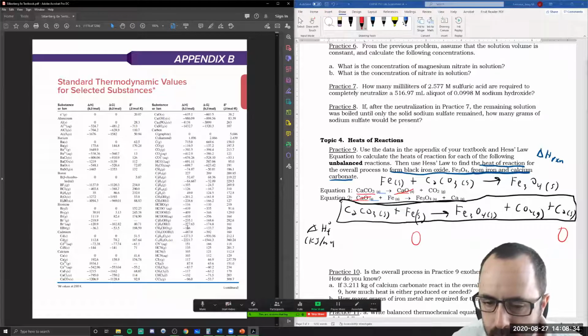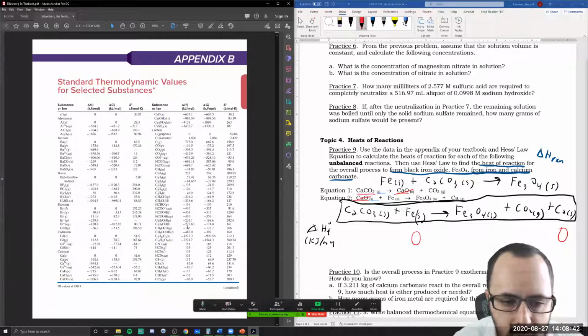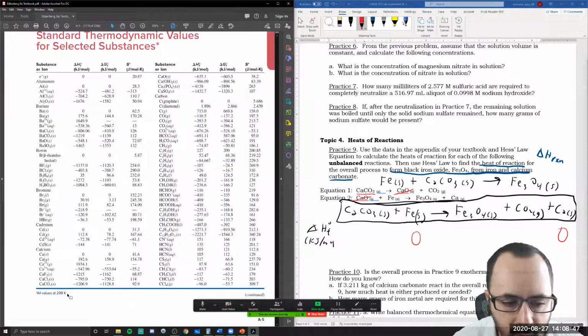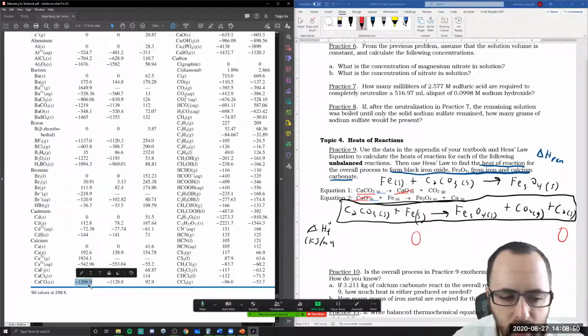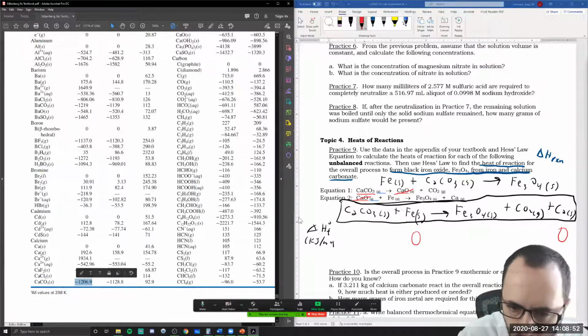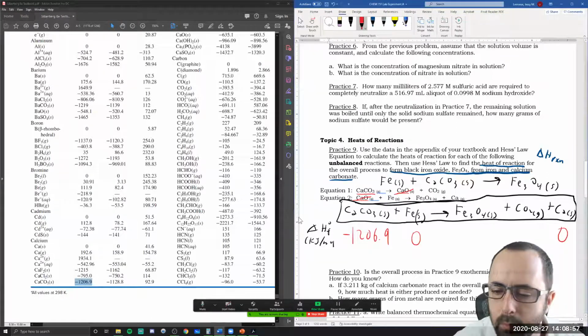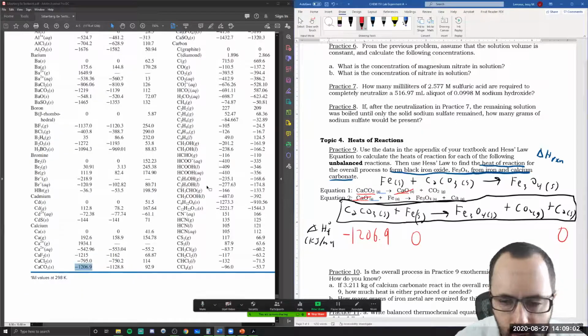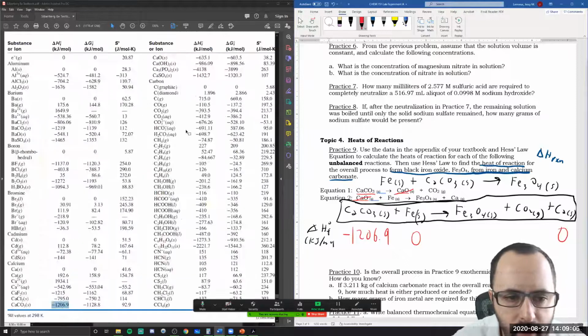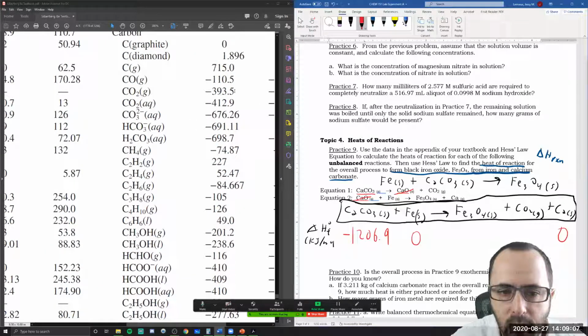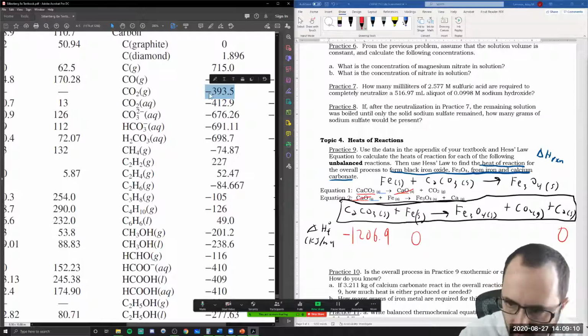Okay. And so now we're going to look up the delta H of formation values for some of the other things that we have here. So one of them is calcium carbonate right here. It's negative 1206.9 kilojoules per mole. For the CO2 gas, it's right here, negative 339.5.